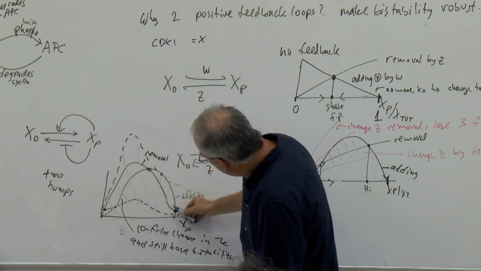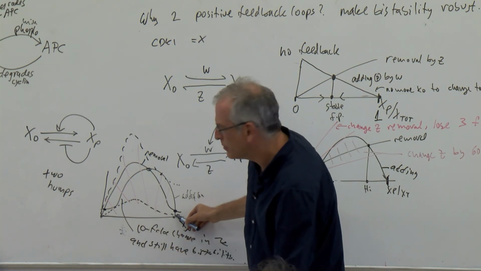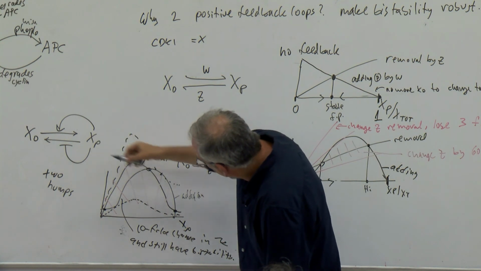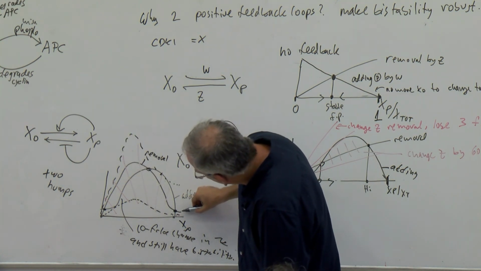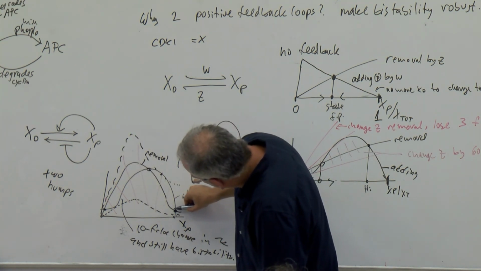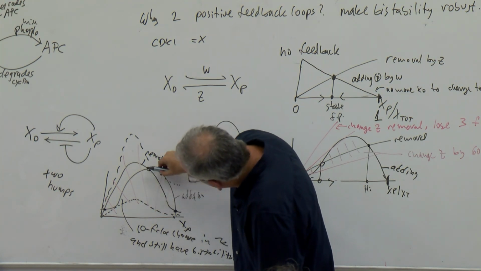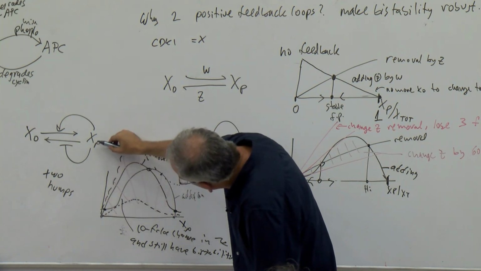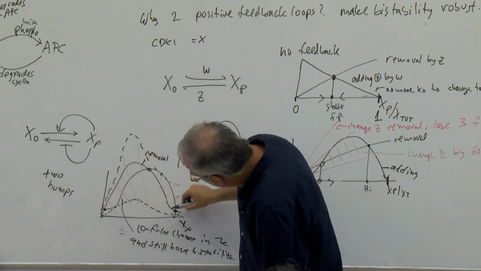And when XP is very high, it goes to 0 because there's nothing more you can add phosphoryl to. And because of the symmetry, XP inhibits its own removal. So when XP is high, removal is low, and then as XP goes down, removal goes up because it inhibits its own removal. And then at 0, there's no more XP to remove from. So that creates two humps like that.